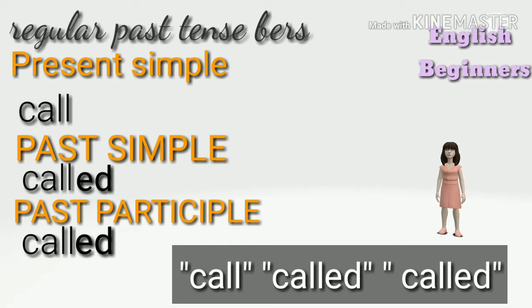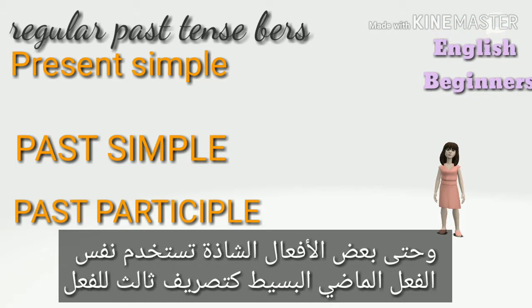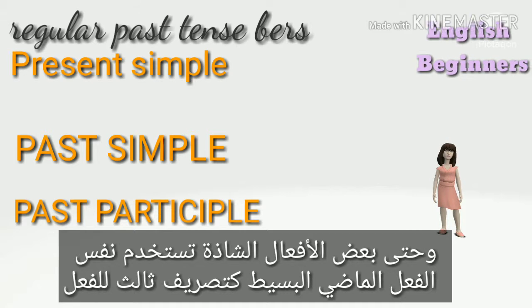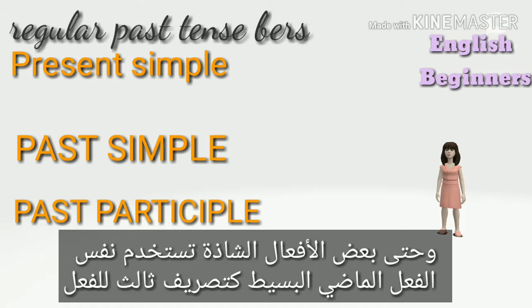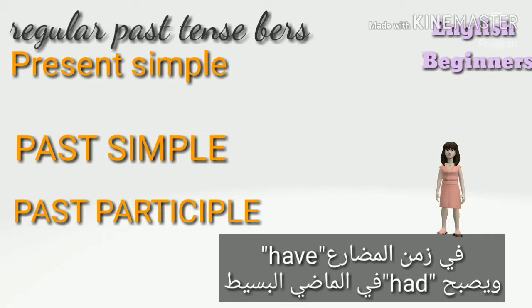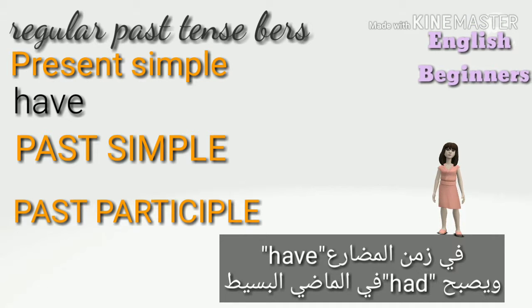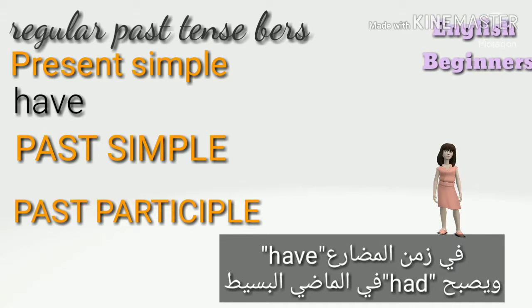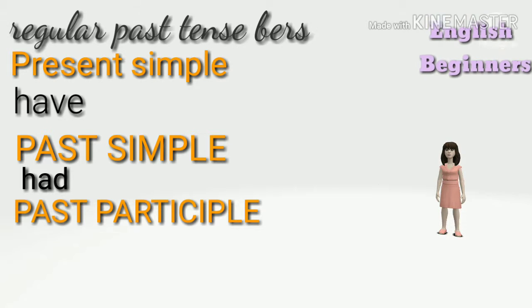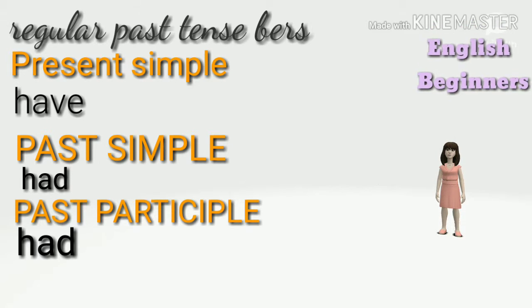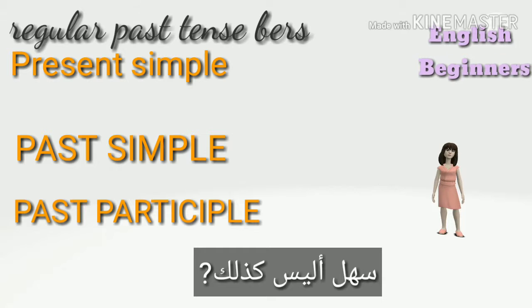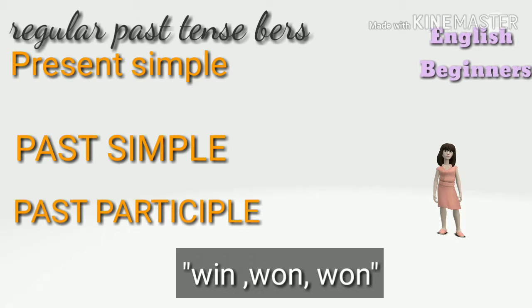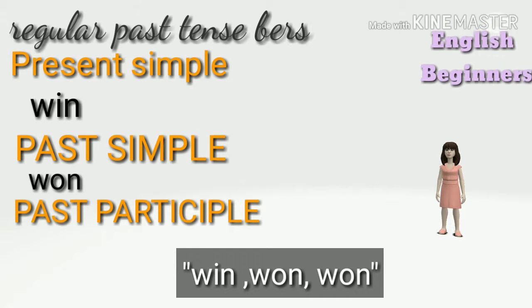And even some irregular verbs use the same verb for past simple as the past participle form. Have in the present tense becomes had in the simple past, and it's also had as a past participle. Easy, right? Win, won, won.